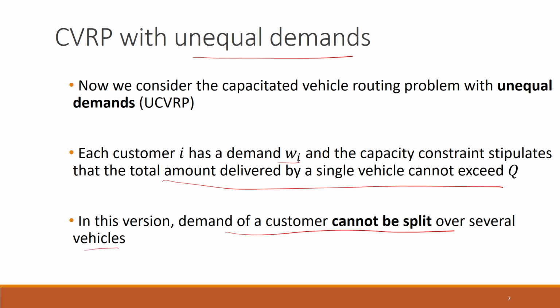So, here this is that case where every customer is saying that if I am asking for suppose WI units of a product, so I do not want multiple delivery guys coming to me and giving me the total amount of WI, okay, or multiple vehicles coming to me. I want that a single vehicle or single person comes and gives me that total WI units of that product, okay.